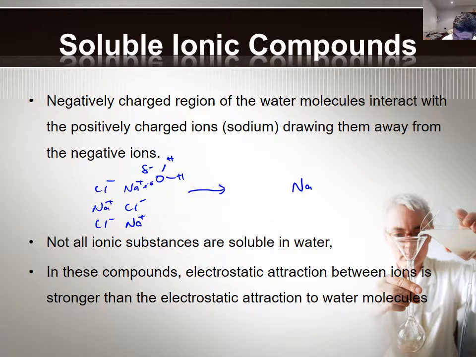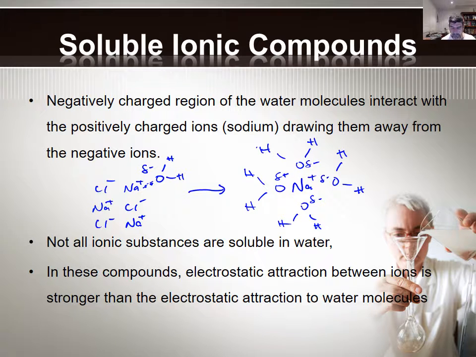Again, the same sort of thing will happen, just in the reverse, where the negative regions of the water molecules are attracting the positive sodium ion and taking it away from the crystal structure. And again, this is how the substance will be dissolving in water.